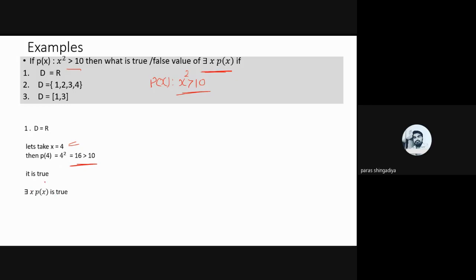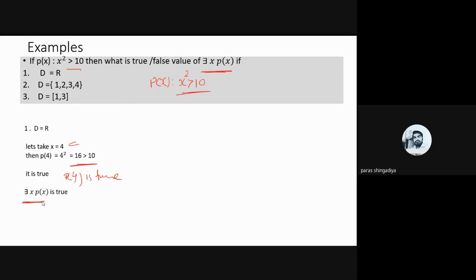So what does it mean? P of 4 is true. Therefore there exists x, P(x) will be true. Why is it true?